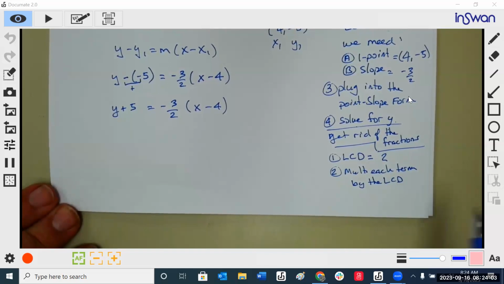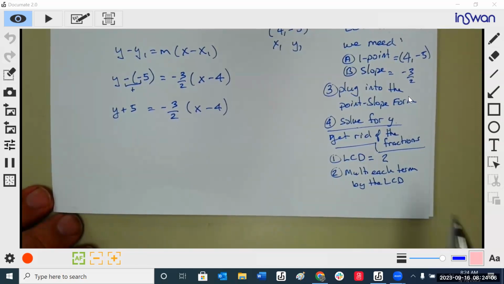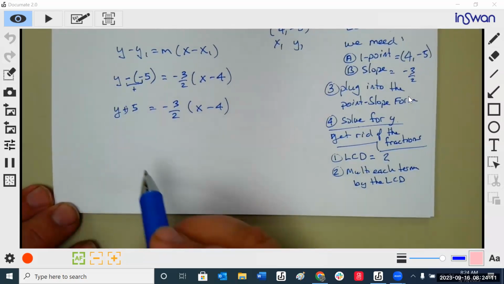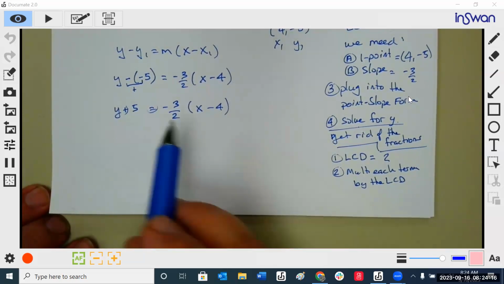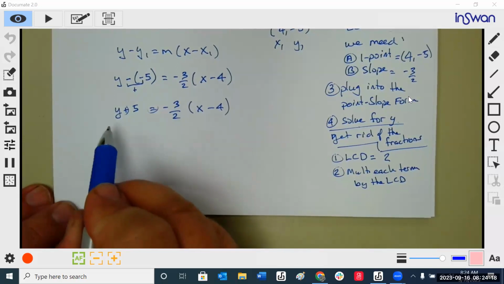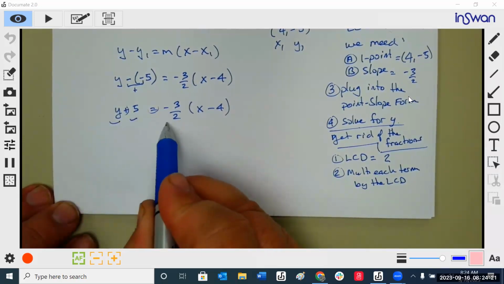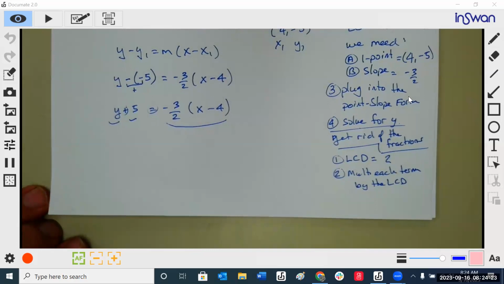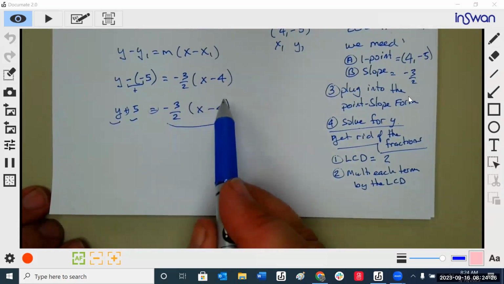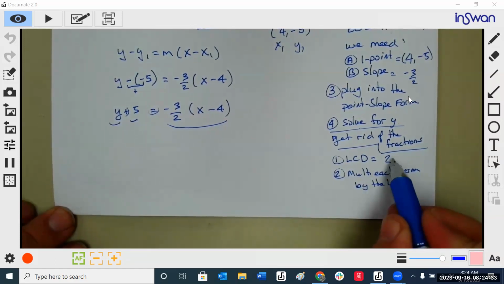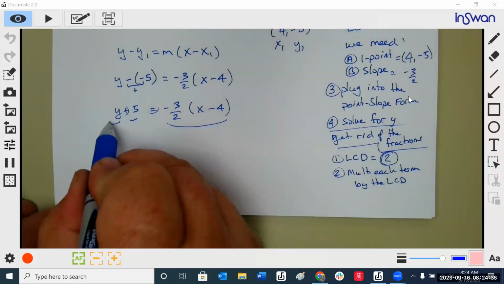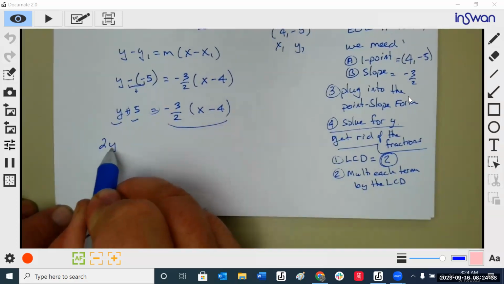A term is anything separated by a plus, minus, or equals. So here's a plus, and here's an equals. That one doesn't count because it's inside of parentheses. And that's a negative sign, so that doesn't count. So we have 1 term, 2 terms, 3 terms. Even though it looks pretty big, because it's in parentheses, it's multiplication. It's 1 term. So I take this LCD and just put it in front of each term.